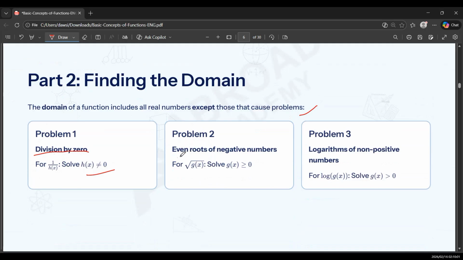Problem 2 is even roots of negative numbers. For root g of x, the solution will be g of x greater than or equal to 0. And here's problem 3, logarithms of non-positive numbers. For log g of x, solve g of x greater than 0.